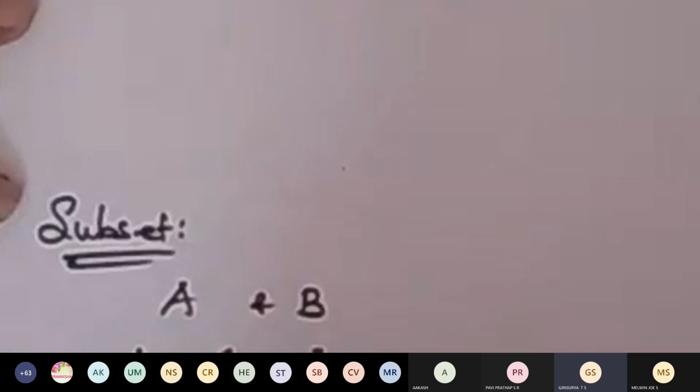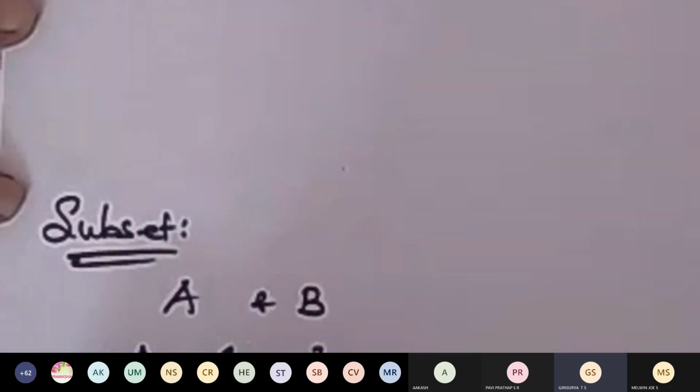1, 2 are elements of A. 1, 2, 3, 4, 5 are elements of B. Now tell me, are all the elements of A elements of B? Yes, sir.